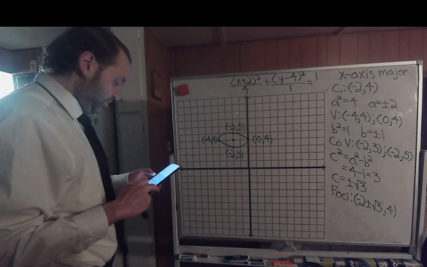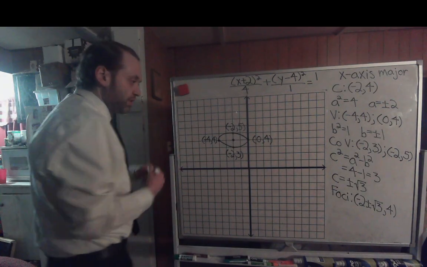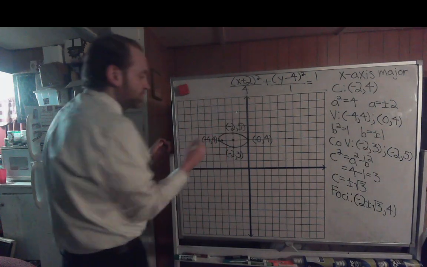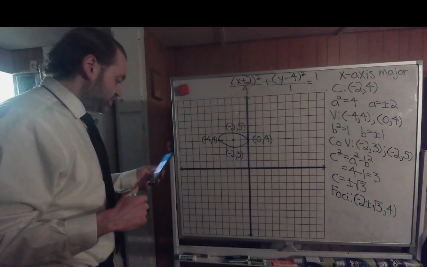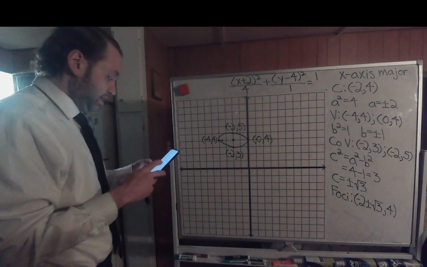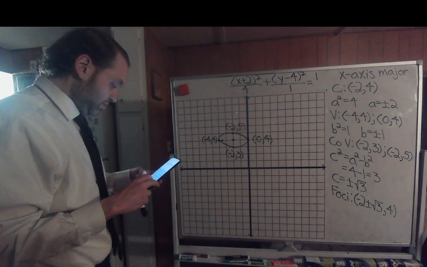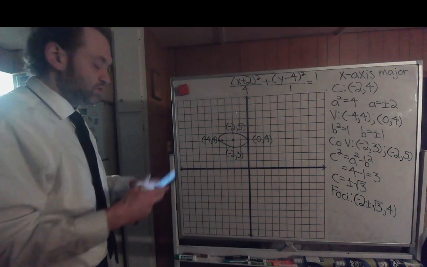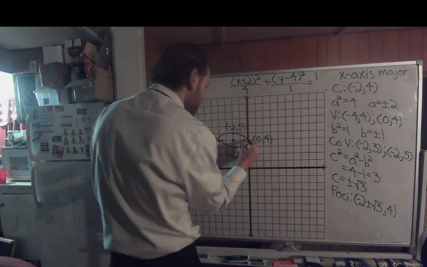Negative square root of 3 minus 2. Alright, so about negative 3.734. So there's a focus, pretty close to a vertex. And then we need to take negative 2 plus the square root of 3. That'd be about negative 0.27, so that's going to put me about right here for the other focus.